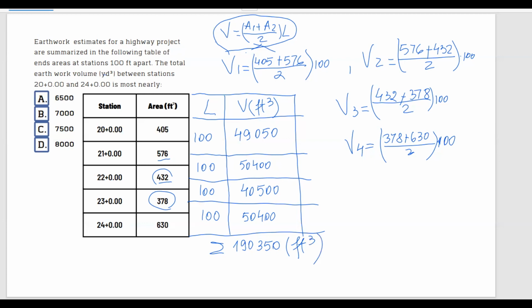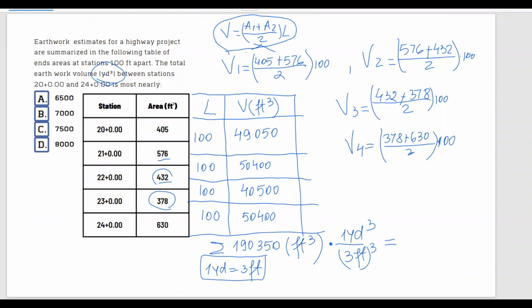Again, look here in the problem, we are asked to calculate in yards cubed. As in the previous problem, we know that 1 yard is equal to 3 feet. So now knowing this, we can go ahead and convert. We're going to have 1 yard cubed equals 3 feet cubed.